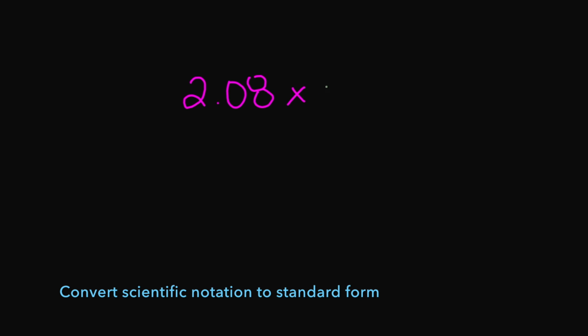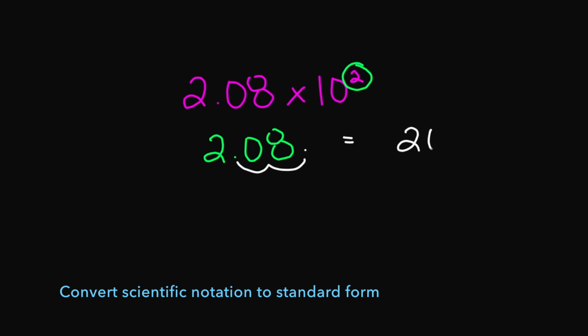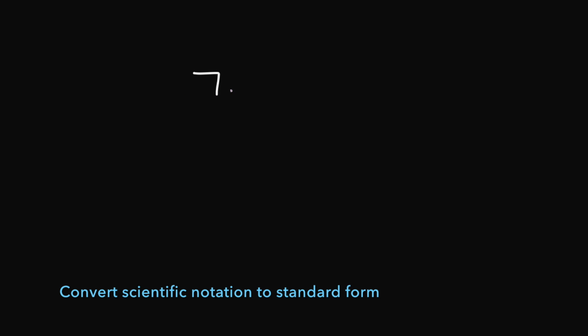2.08 times 10 to the second power. Since my exponent here is positive, I know I need to move my decimal point 2 places to the right. We're going to get 1, 2. It puts us right here after the 8. So your standard form is going to be 208. Next, 7.113 times 10 to the 7th power.